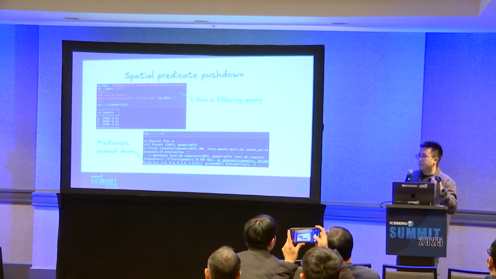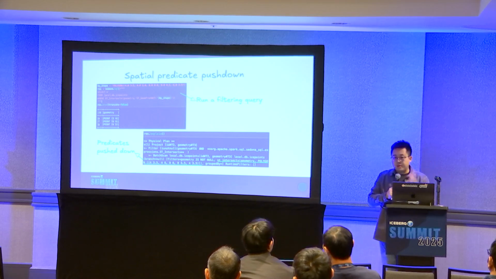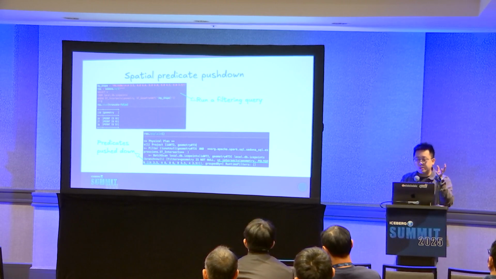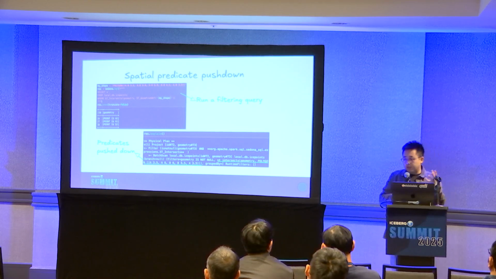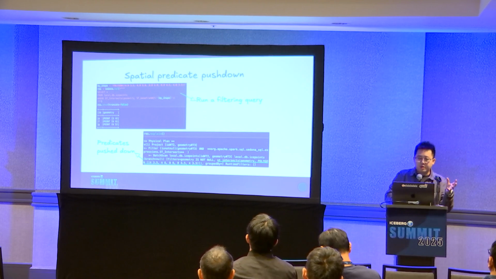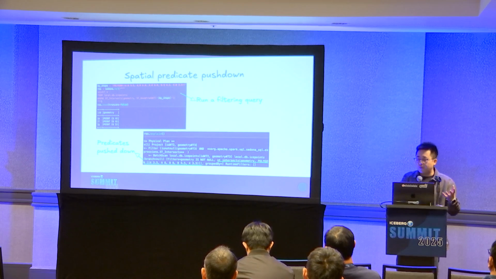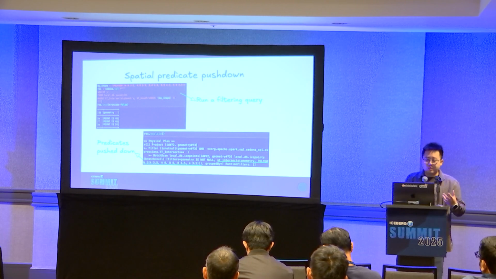What it does is return true if A intersects B. In this case, A is a geometry column, which has those points, and the second one, B, is the polygon. The polygon was originally encoded in a WKT string, and we use a function called ST_GeomFromWKT to decode that into a geometry object.